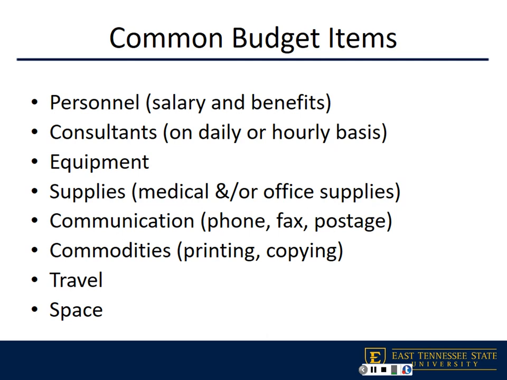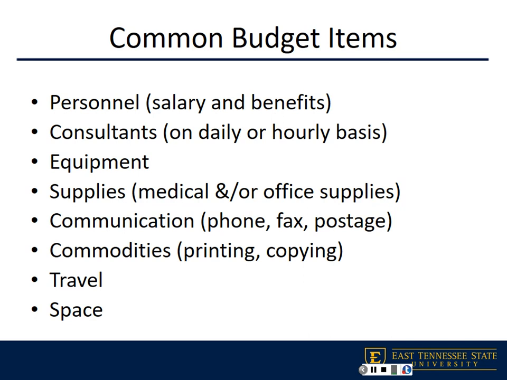As simple as that. The two main buckets are your personnel expenses and your non-personnel expenses. So everything else that you see here on bullets 3 and on, equipment, supplies, communication costs, commodities, travel, space, all of that falls under non-personnel expenses, okay?